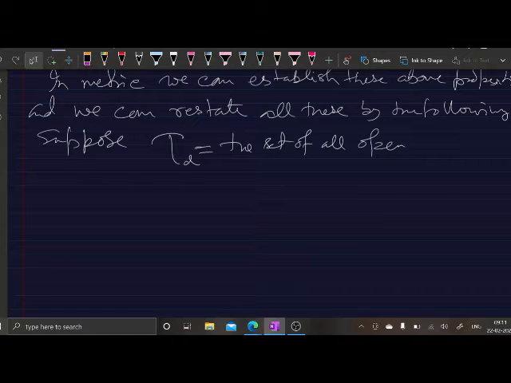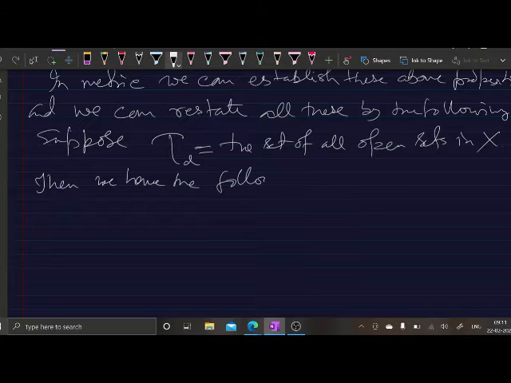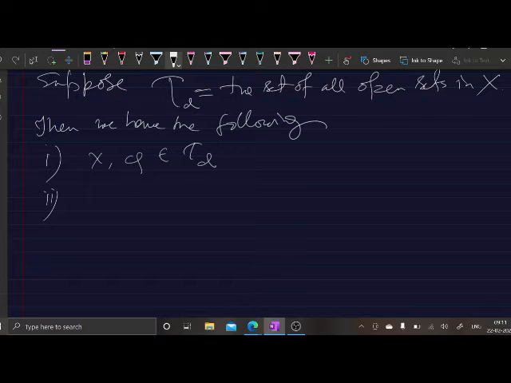Okay, so the set of all open sets in X, then we have the following. The first one: X and phi both are in tau_d, because X and phi are open sets. Number 2, tau_d is closed under arbitrary union.